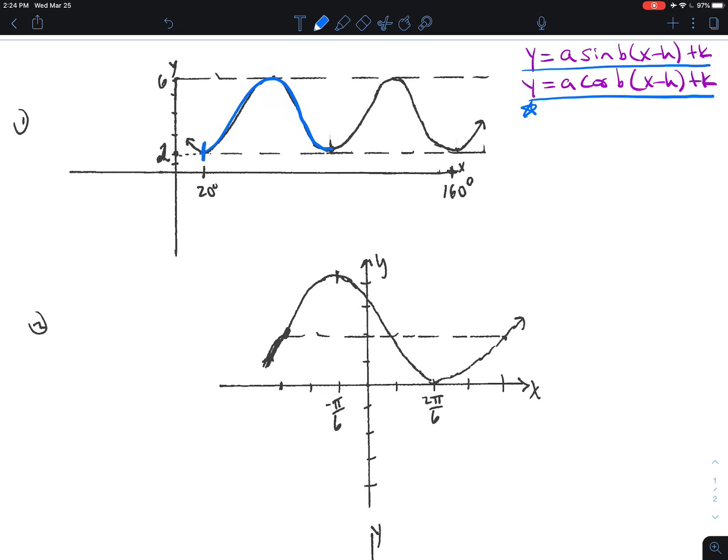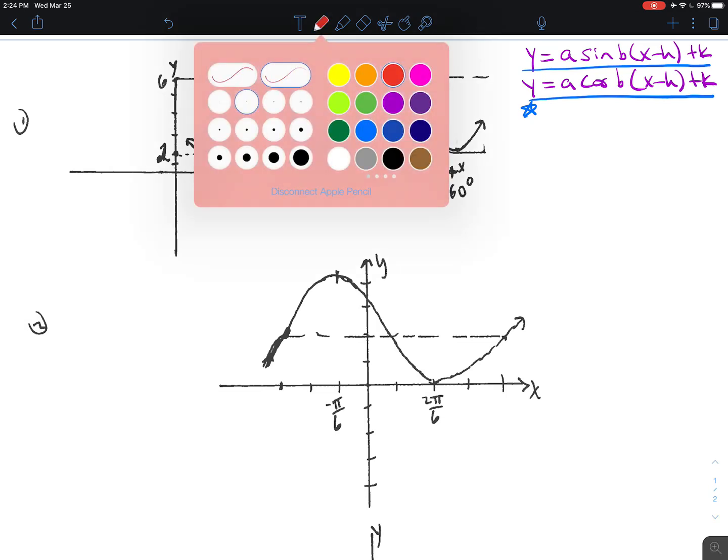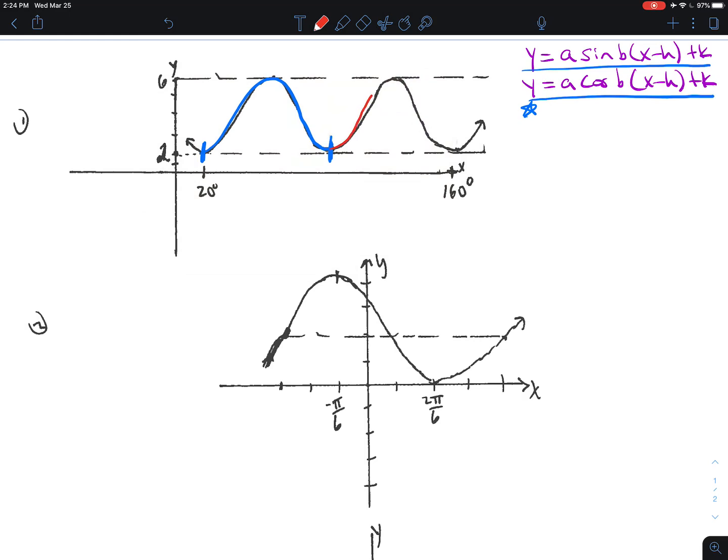You could either start at this point of 20, or you could maybe start here, which we'll talk about where that is, and you could write the parameters for this part of the cosine curve. Again, it's inverted, but it has the same amplitude. The red and the blue have the same amplitude. They have the same period, and therefore same b value.